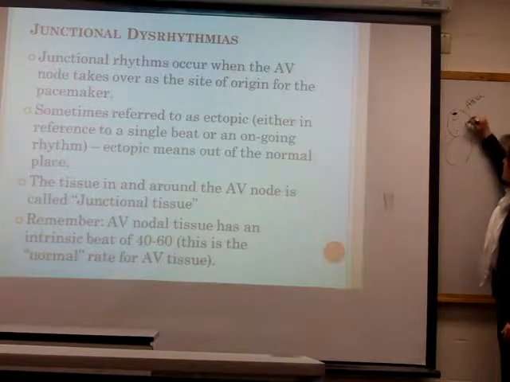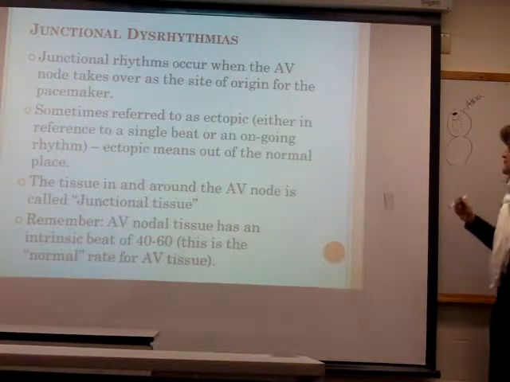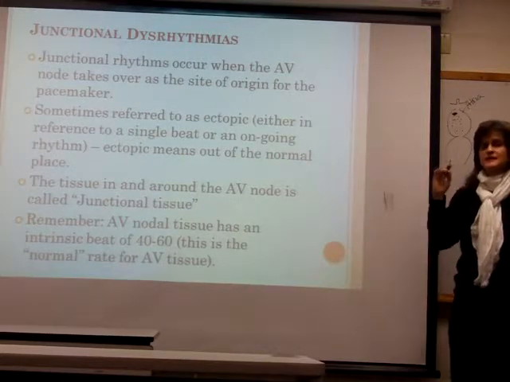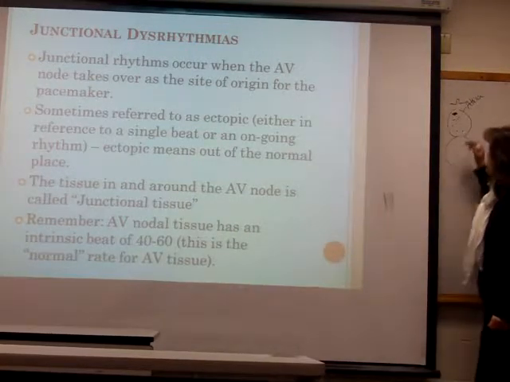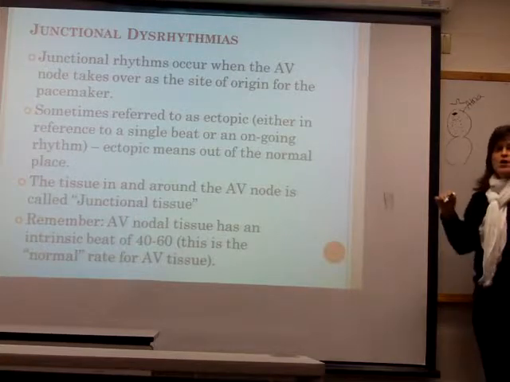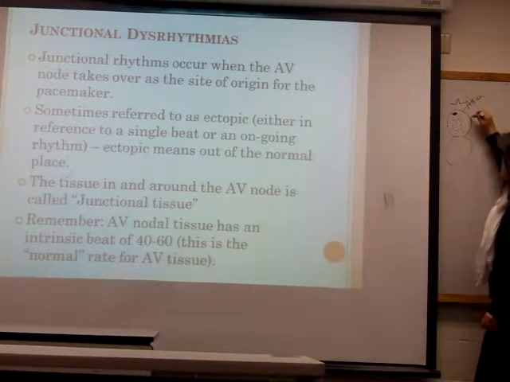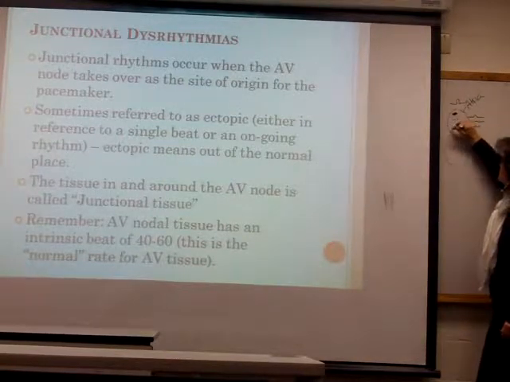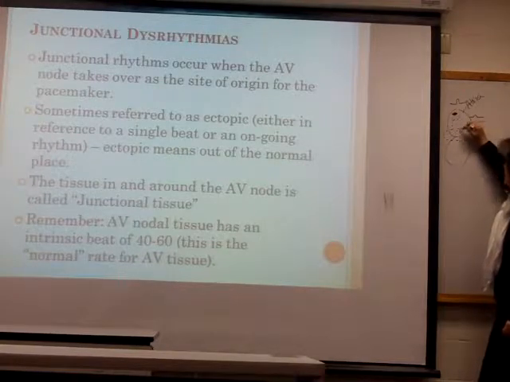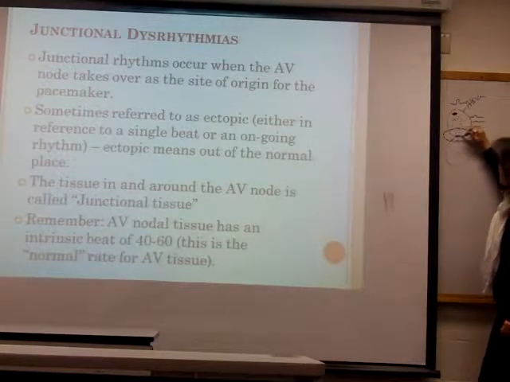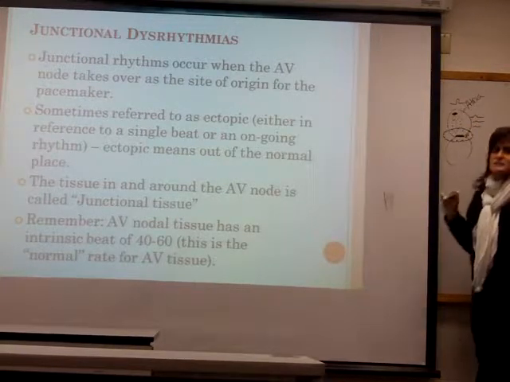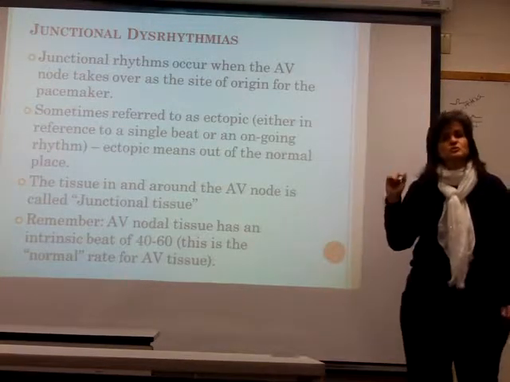If the internodal trackways are the pacemaker, then instead of having an upright P wave like you would see if the SA node was the pacemaker, you'll start to see that P wave dampen a bit, get a little bit smaller and a little bit smaller until eventually the pacemaker starts in this tissue surrounding the AV node, which is right here. This is the AV node. The tissue that surrounds the AV node is called junctional tissue.